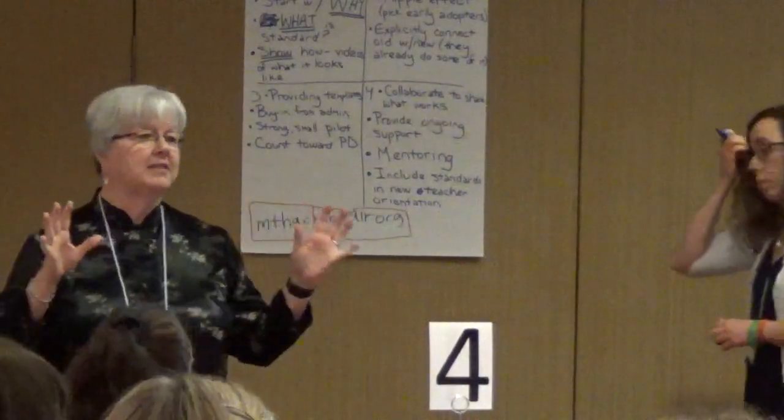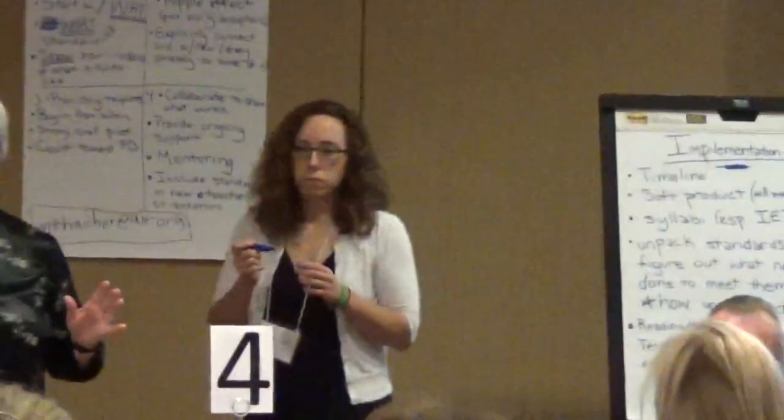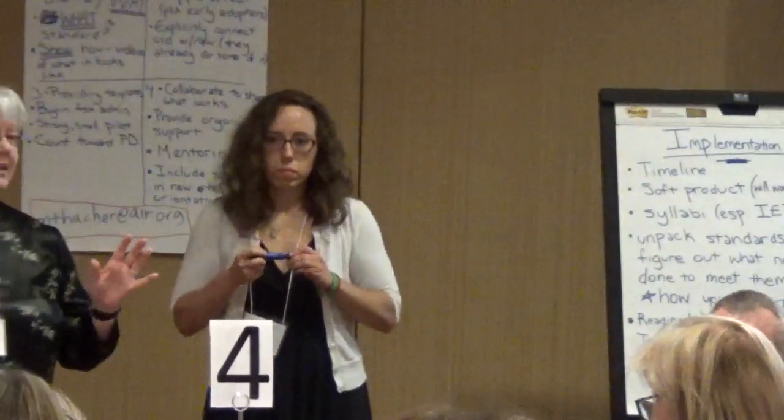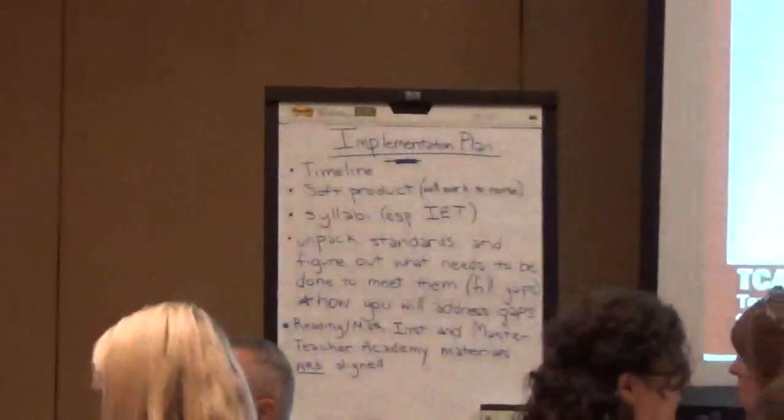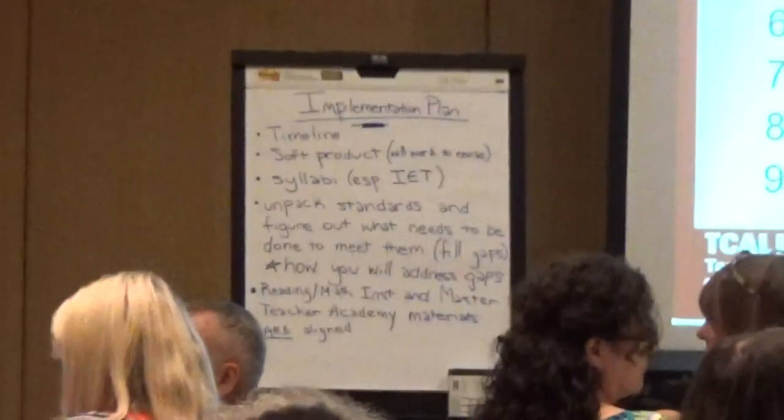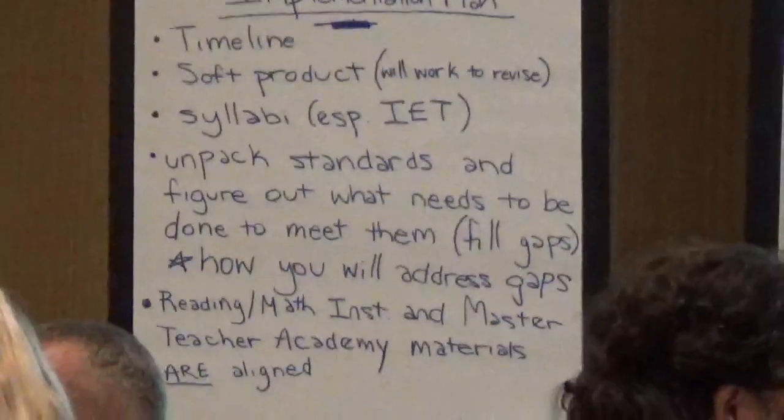Okay, so you have some guidance, right? You're looking at your curriculum. You're looking at the standards. You're trying to match them up. And you're looking for any areas that you aren't really addressing. So there are some new things in here that maybe you aren't really addressing.